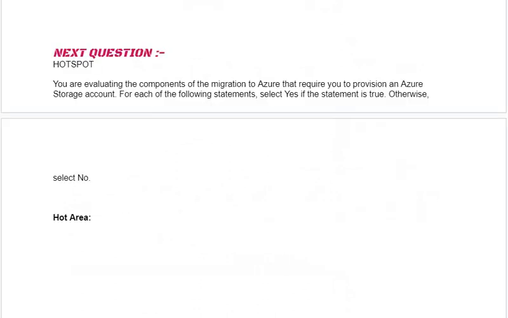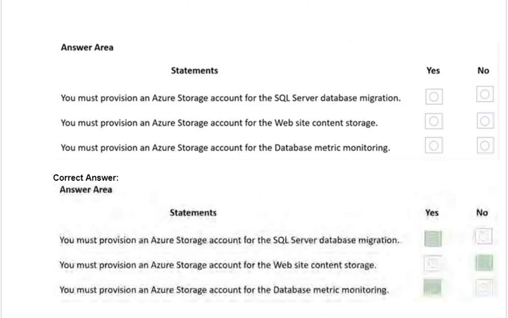Next question is, you are evaluating the components of the migration to Azure that require you to provision an Azure storage account. For each of the following statements, select yes if the statement is true, otherwise select no. First statement is, you must provision an Azure storage account for the SQL Server database migration.